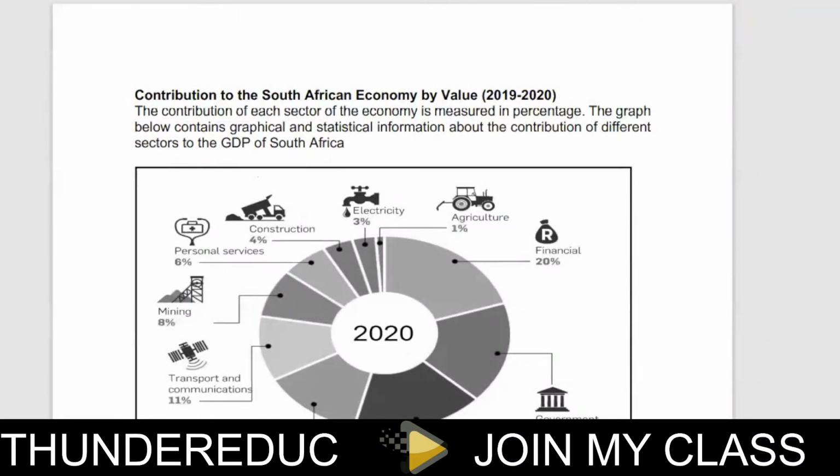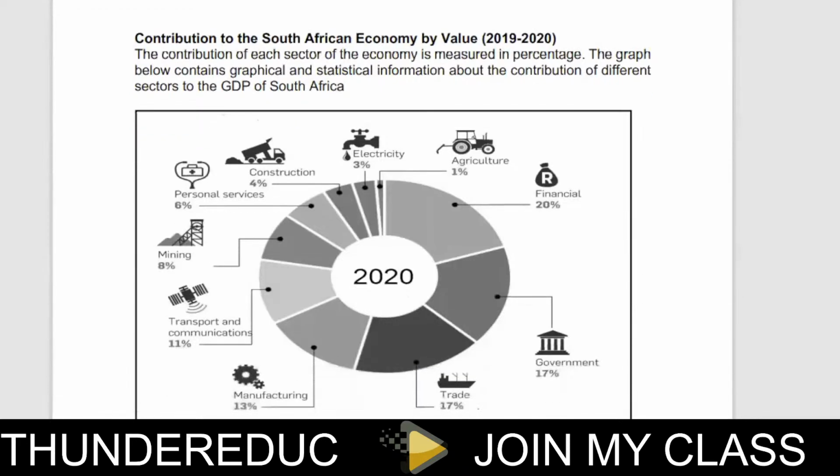They say that in 2020, look at the statistics. In 2020, we look at each sector's contribution as it is measured in percentage. Okay, look at that. This is construction, and we said construction is under which sector? Look at electricity, agriculture, financial, government, trade, manufacturing, transport and communication, mining, personal services, extra.